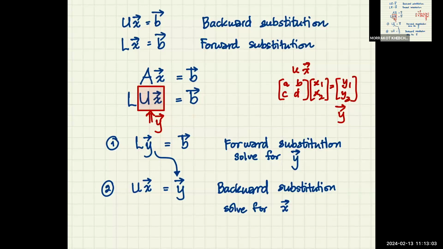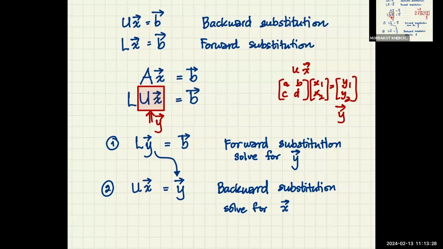Okay. And then once we get Y, we plug it into the right hand side here because we set originally that U times X equal to Y. And U is an upper triangular matrix, so we use backward substitution. So we get X. Okay.